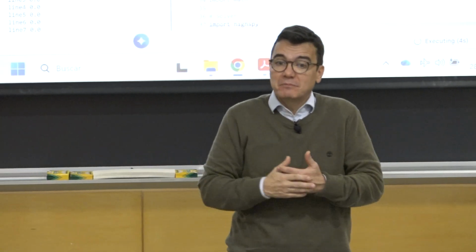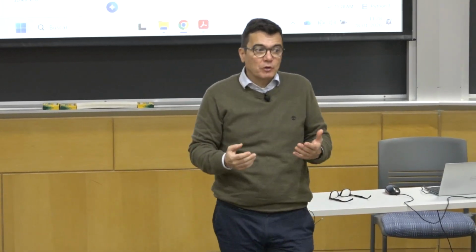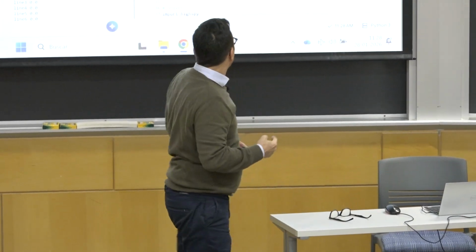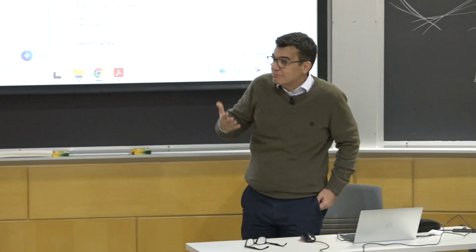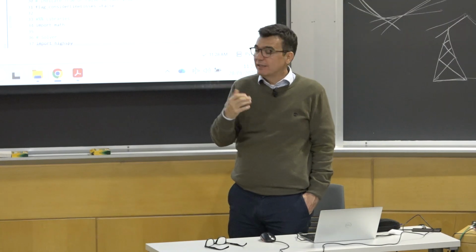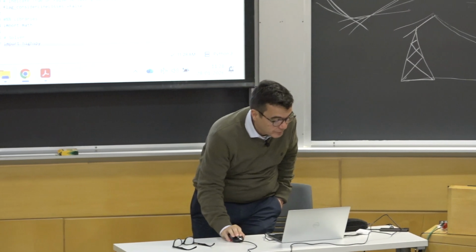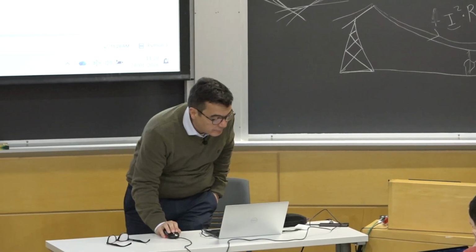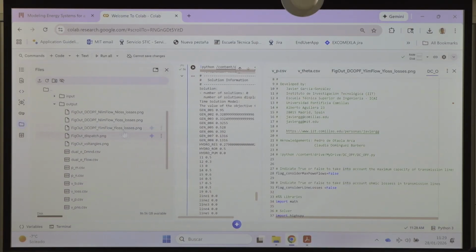It would be a single node approach because we are not modeling losses, we are not modeling the network, and therefore we should obtain a single marginal cost all over the places, because asking the model for one extra megawatt might not have any impact on the solution, okay? Depending on where you are. So we have now a new figure automatically generated, which is no flows, no losses, okay?